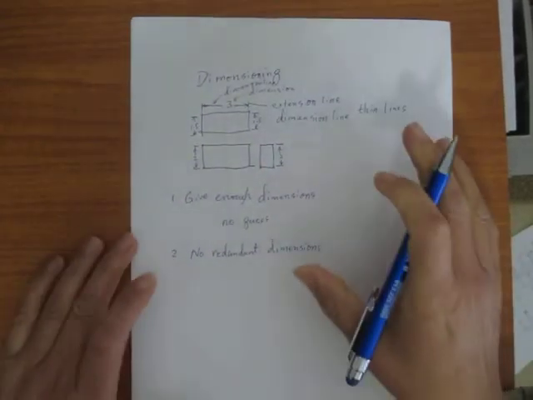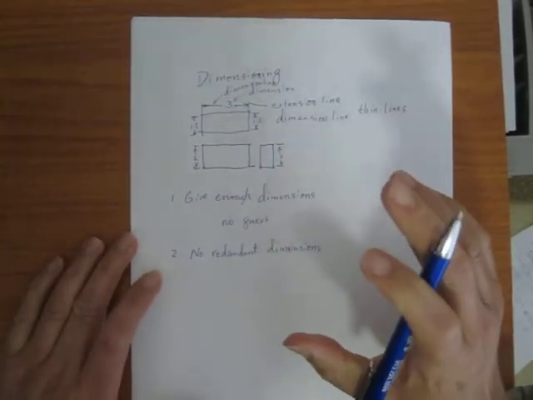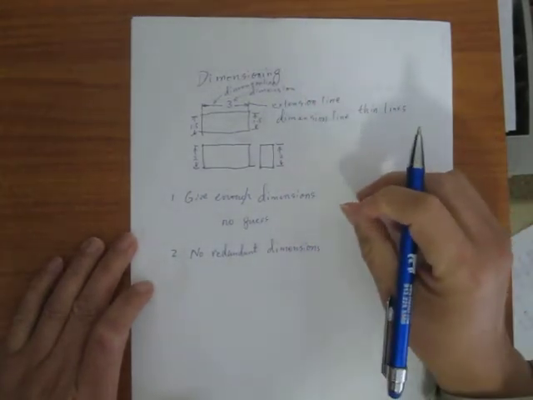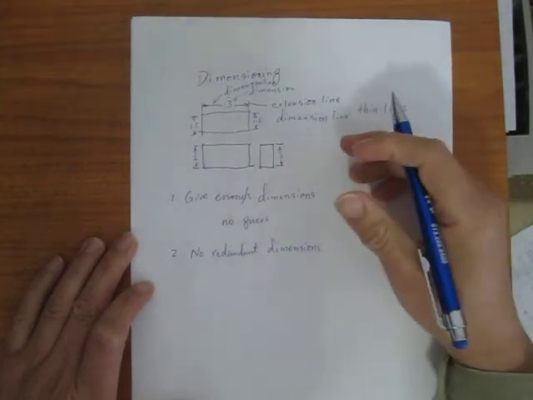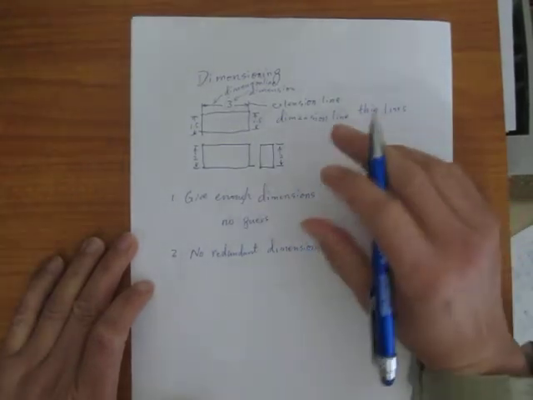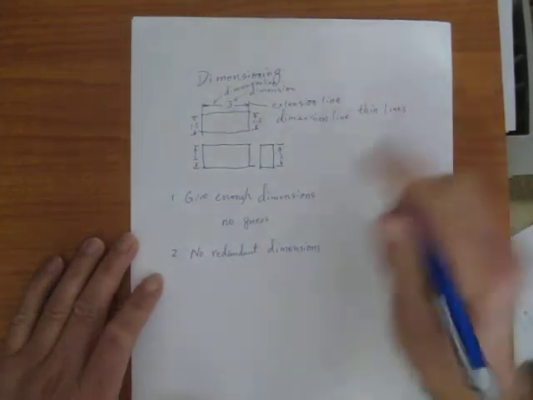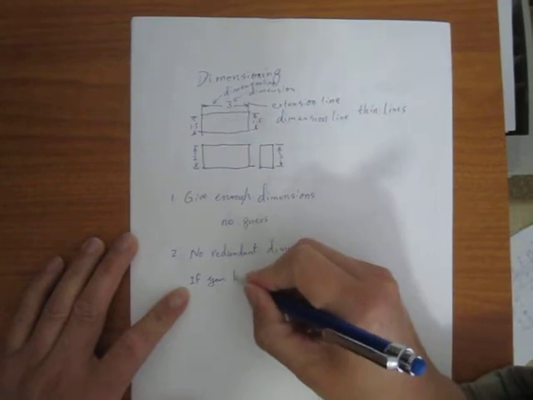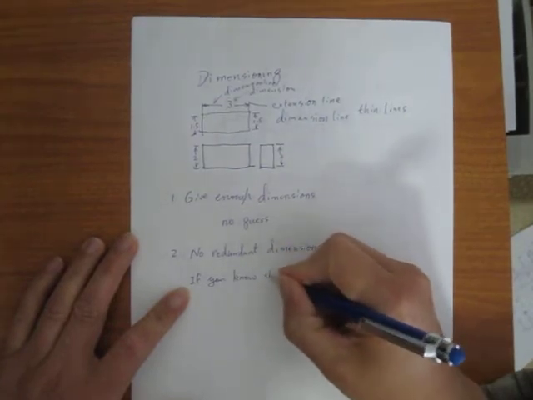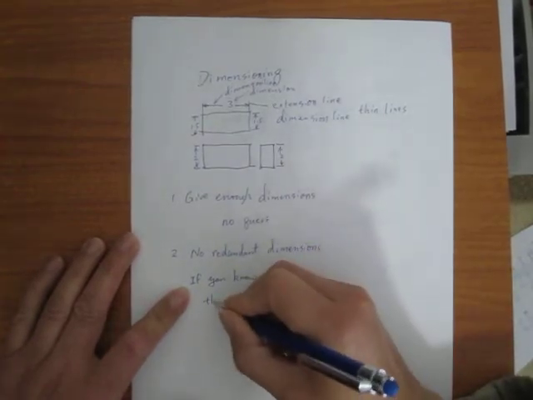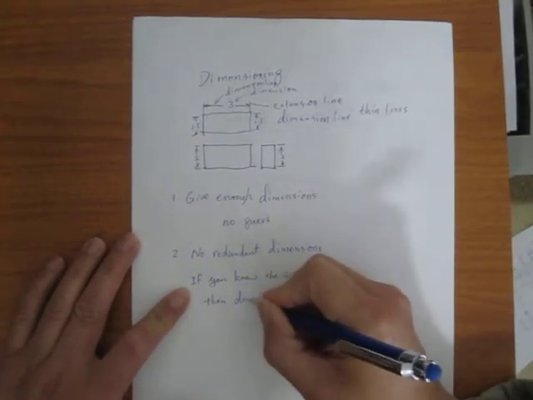So basically this rule says if you know the size of this object from the existing dimensions, then you don't give a dimension. If you know the size, then don't dimension it.